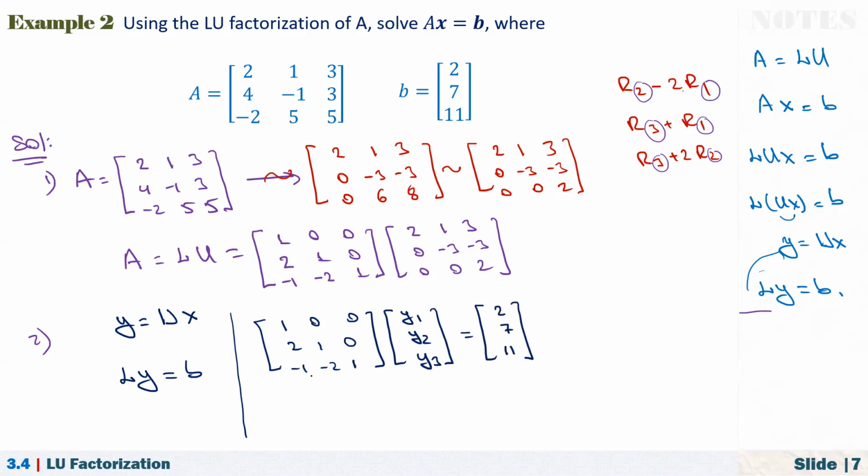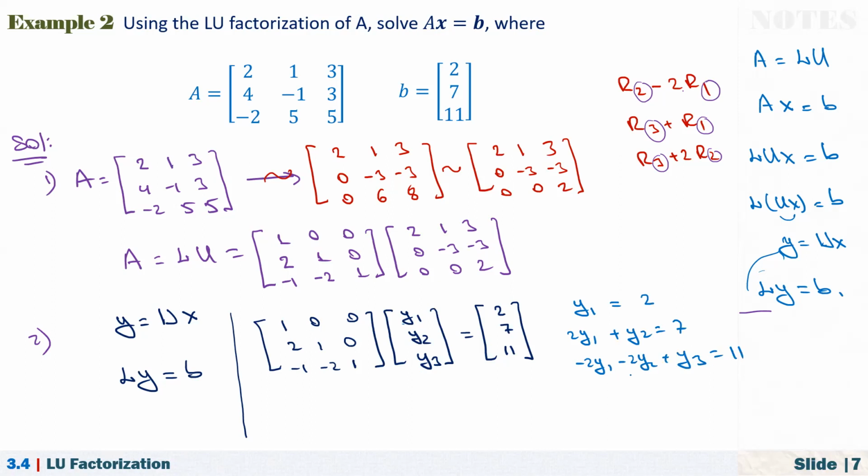So now if you just write the corresponding matrix for this, what do we get here? In the first one, we're just using forward substitution. Y1 is equal to 2. In the second one, 2 times Y1 plus Y2, that's equal to 7. And the third one is negative 2y1 minus 2y2 plus y3, that's equal to 11.